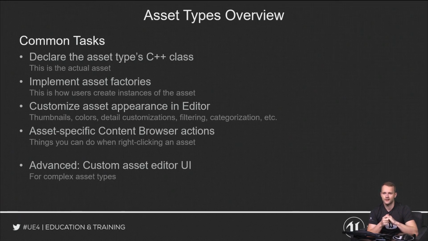But in some cases, especially with more complex asset types, you may also want to replace this default behavior with a whole new custom asset editor user interface. For example, the blueprint editor and the material editor, those UIs are actually custom asset editors.